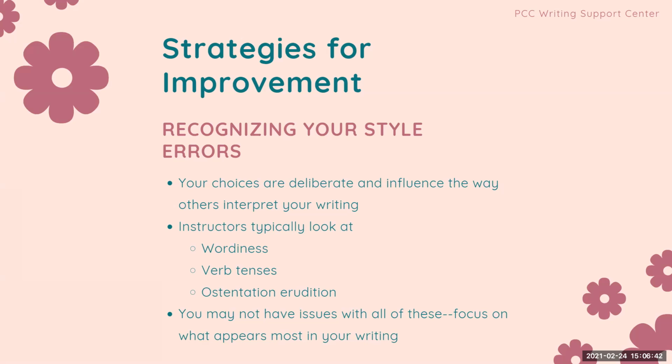The reason it's important to go back to your old writing and learn from it is because your choices are deliberate and they influence the way others interpret your writing. Every decision that we make in regards to how we put our sentences together is going to influence how the reader interprets and reads your work.